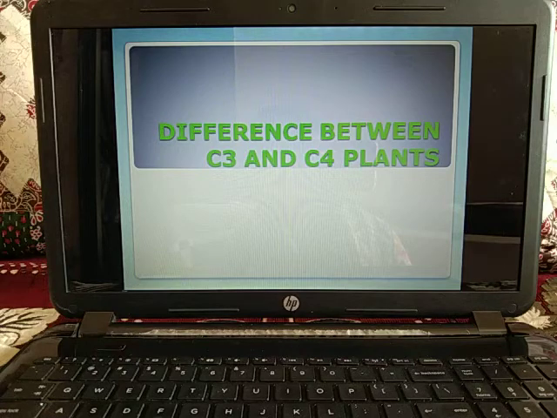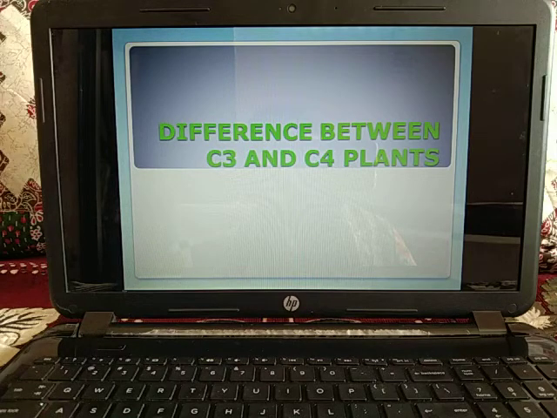Okay, the rate of photorespiration is quite high in case of C3 plant, and the rate of photorespiration is negligible in C4 plant. At low temperature, C3 plants are more efficient, while at high temperature their photosynthetic activity is comparatively reduced.